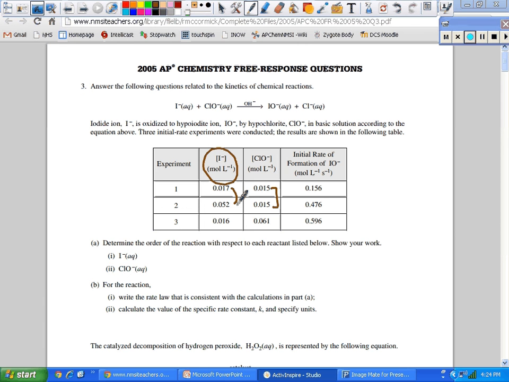That triples right here, and that one also triples. So when they both triple, what order is that? That's first order. So I get this one. I don't know how he did table logic. Or not table logic, but the ugly algebra.